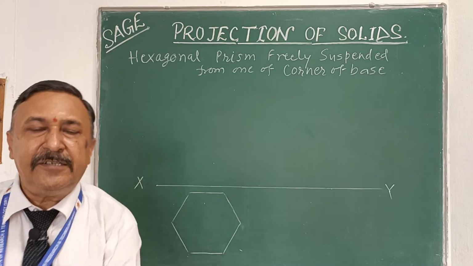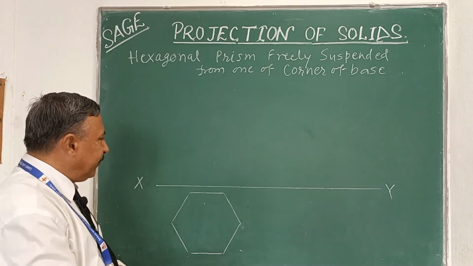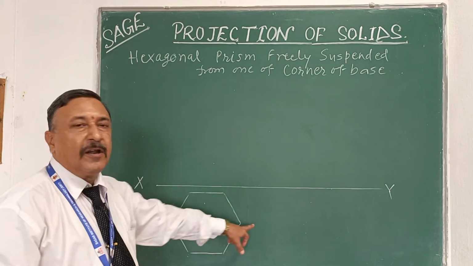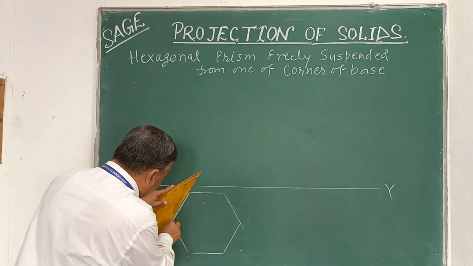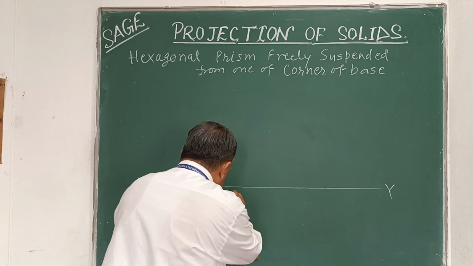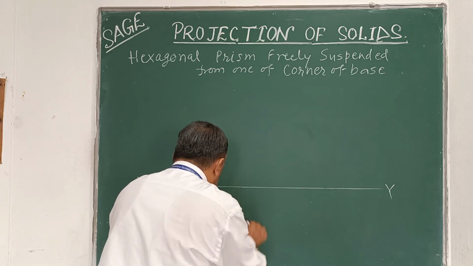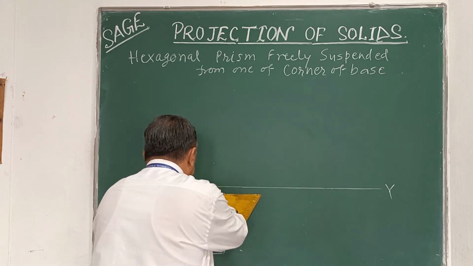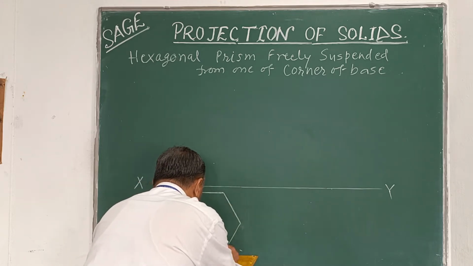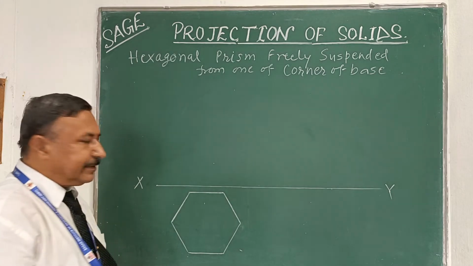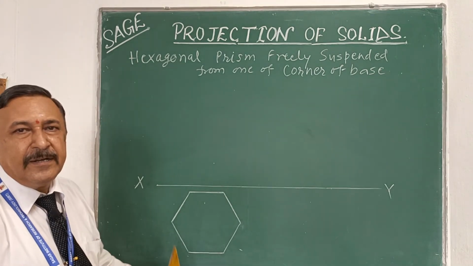This is the position resting on corner position. Okay, so in the top view we have drawn the hexagon like this. This is the top view or base.